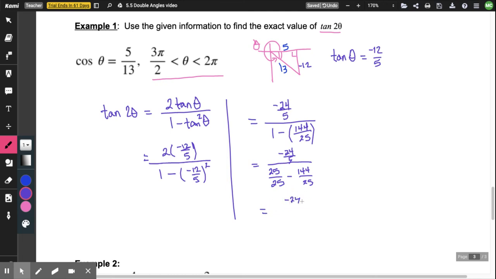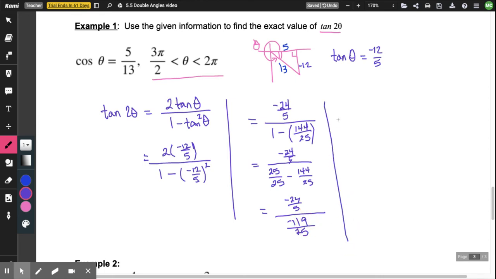I'm just recopying the numerator, so negative 24 over 5 there. And in the bottom, now that the denominators are the same, I can subtract my numerators. So 25 minus 144 would be a negative 119.